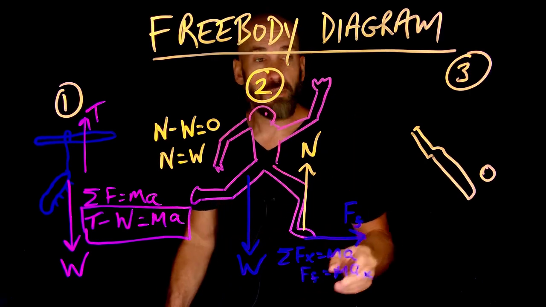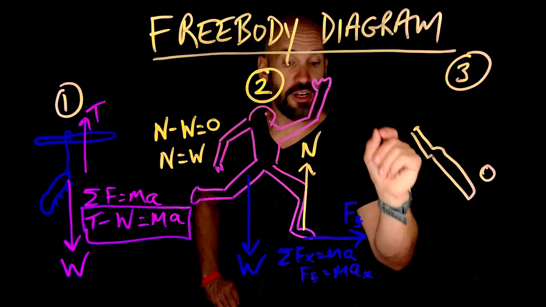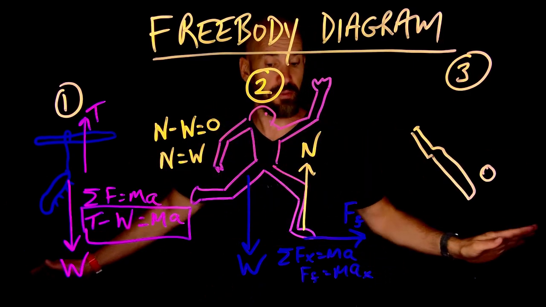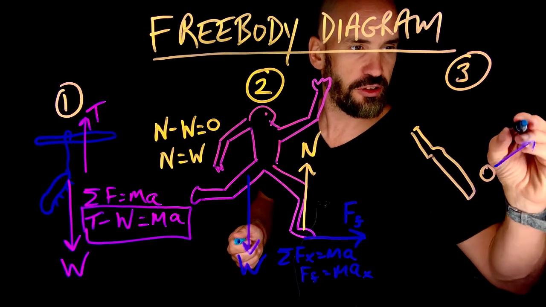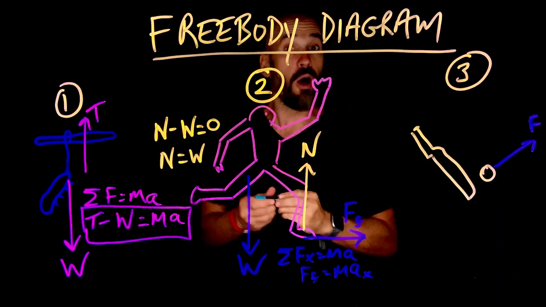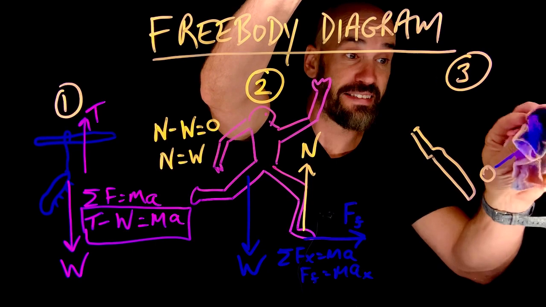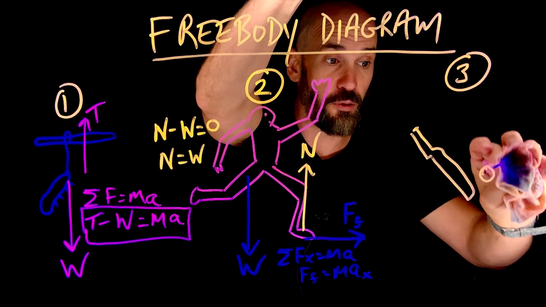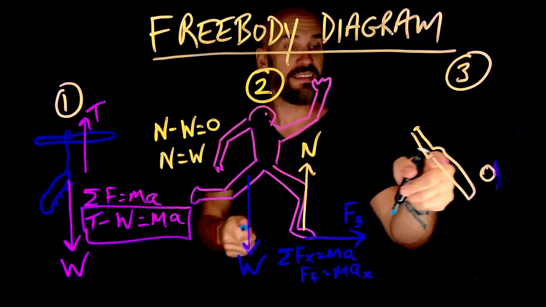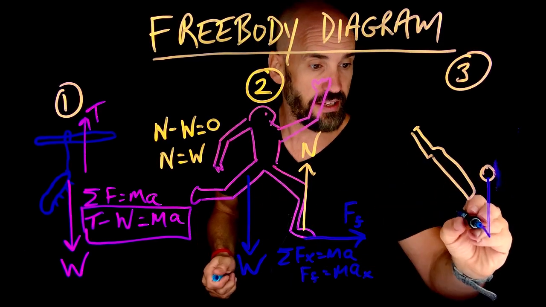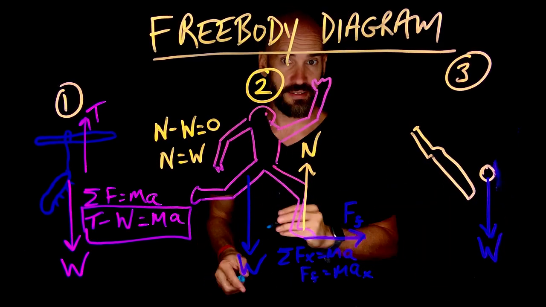So once the ball is no longer touching the bat, there's no force from the bat on the ball. Many people would be tempted to say, oh, there's obviously a force in this direction. The answer is no, there's not. There's a velocity in that direction, but a velocity and a force are not necessarily the same thing. So all that's really acting on this ball is that it still has gravity, in other words, weight.